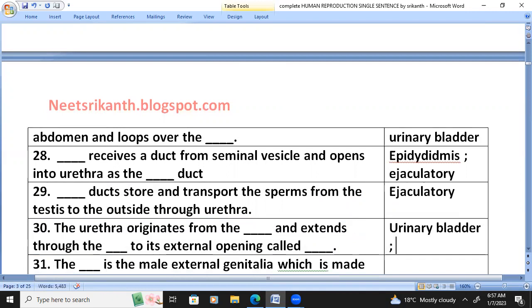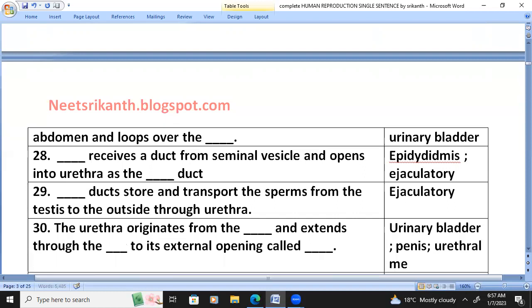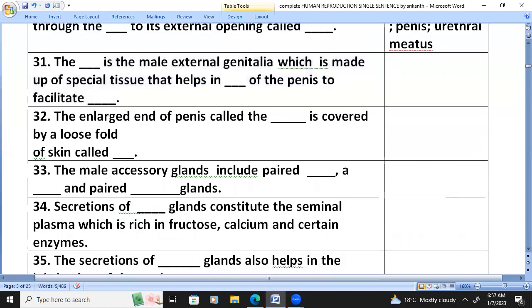The urethra originates from the urinary bladder and extends through the penis to its external opening called urethral meatus. The penis is the male external genitalia which is made up of special type of tissue that helps in erection.